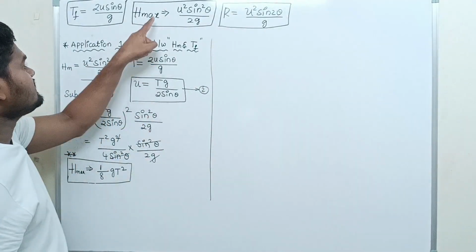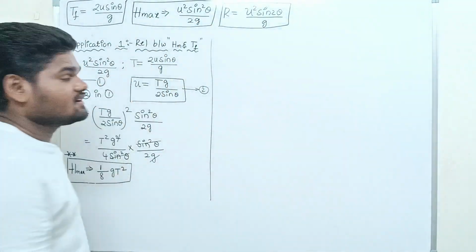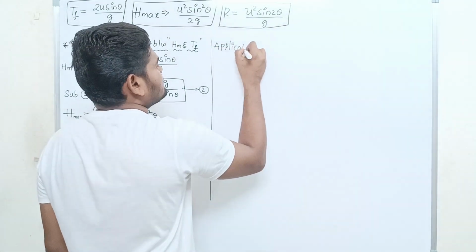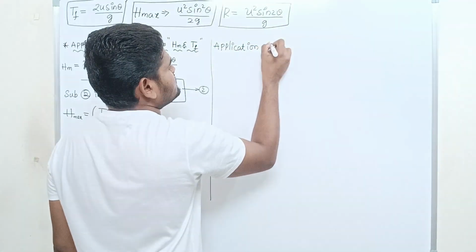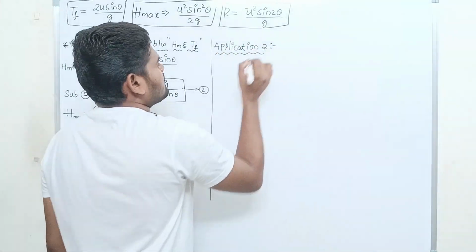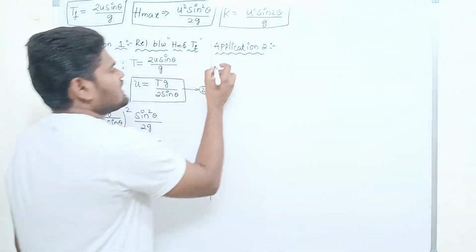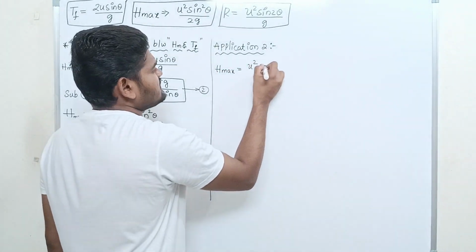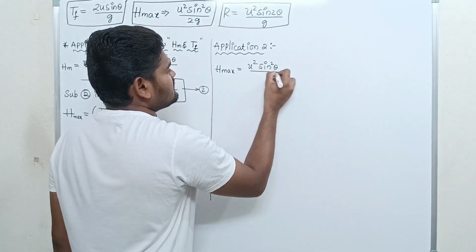Okay, so second one, application number 2. I'm going to find the relation between h maximum and the range r. So we got h maximum is equal to u square sin square theta by 2g.